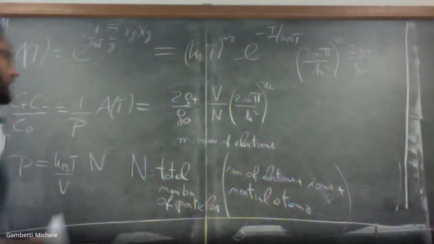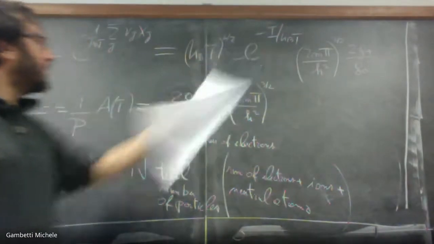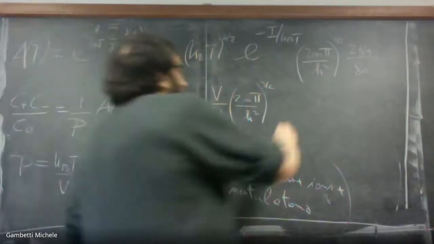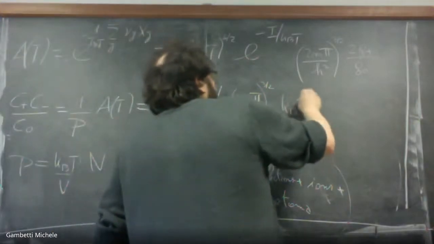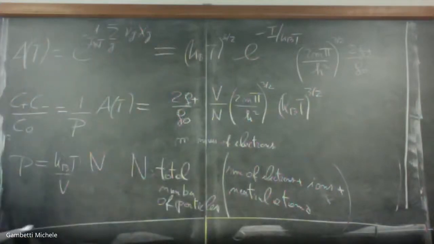Then I have kBT, which was to the power of 5 divided by 2, but with this correction I will have kBT to the power of 3/2. And finally, I have my exponential suppression.